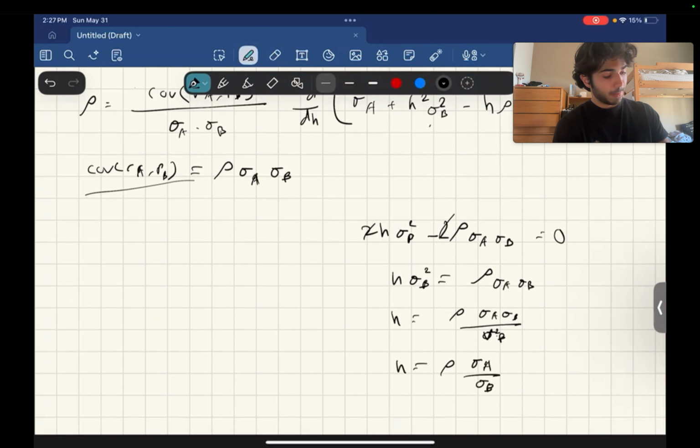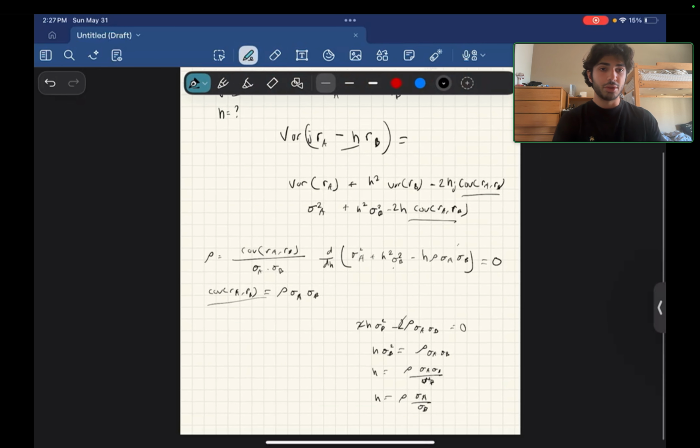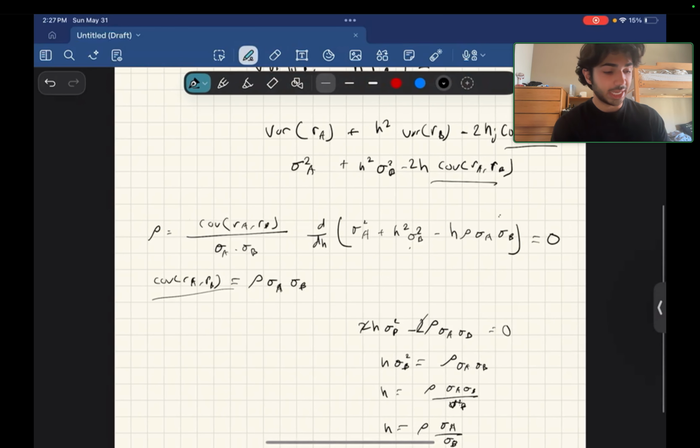Now we have to check whether this is actually a min or a max. To do that, we take the second derivative.